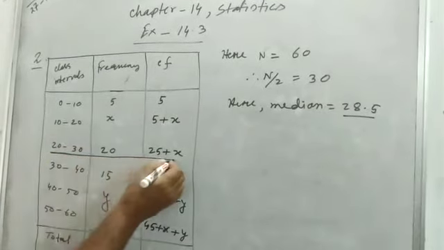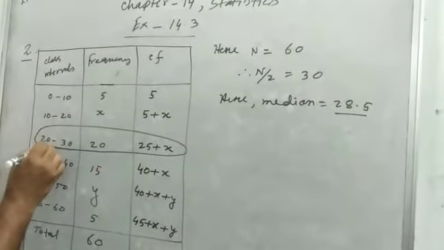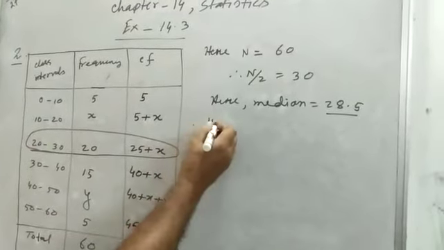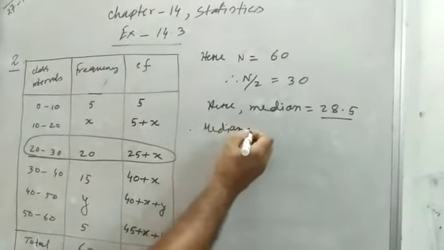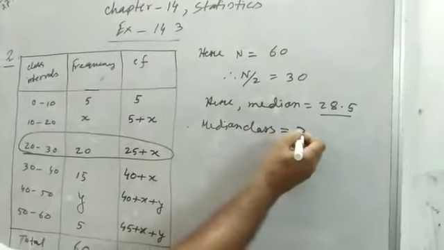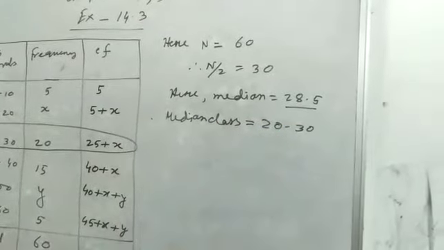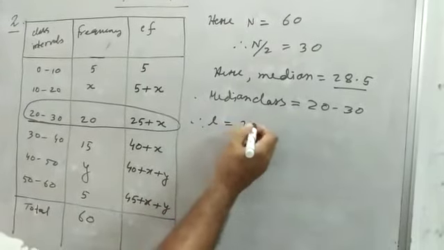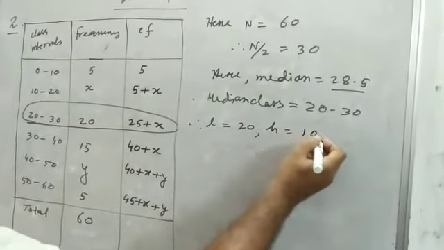Then we mark the line this way. This is the median class, so the median class will be 20 to 30. Then L, the lower limit of the median class, is 20. H is 10.